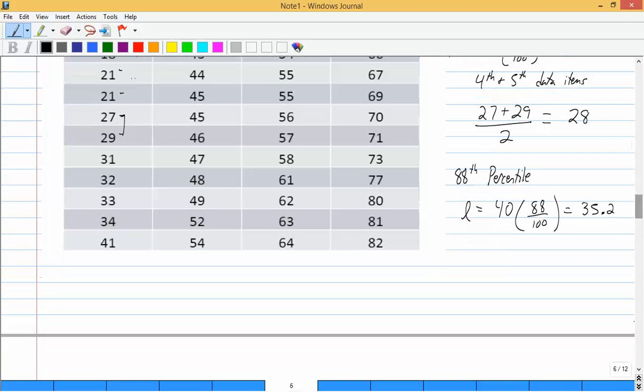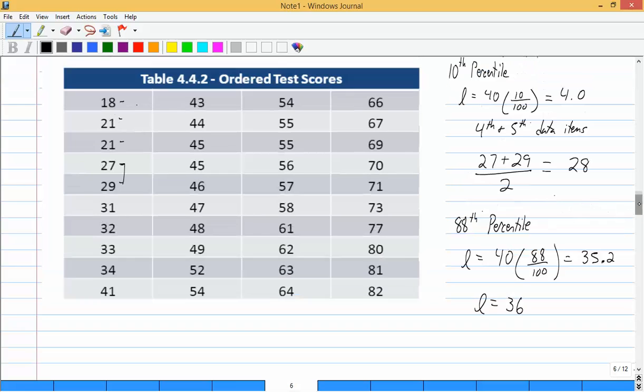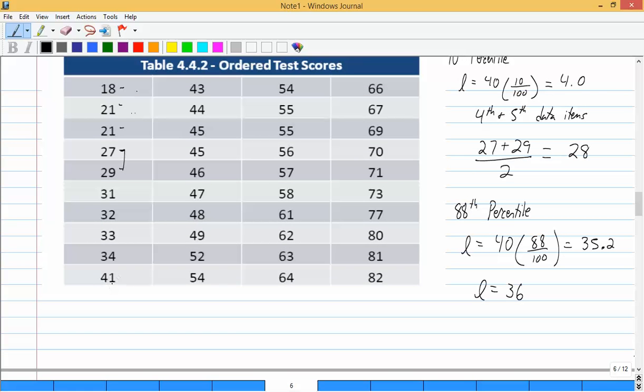So what do I need to do? Do I need to take 35 or 36? 36. Round up to the greatest integer. All right, so let's find the 36th value. If there's 10 in a column, this is the 30th. 31, 32, 33, 34, 35, 36. So the 88th percentile is 73, the 36th term.